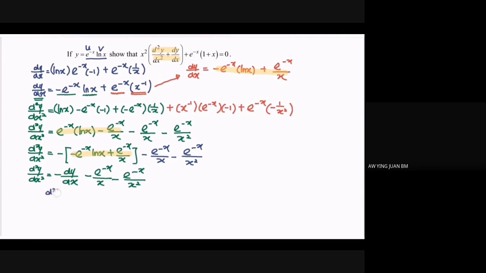So the second derivative plus the first derivative equals negative e to the power negative x over x minus e to the power negative x over x squared. Then we are going to multiply both sides with x squared. So we will have x squared bracket second derivative plus the first derivative equals negative x e to the power negative x minus e to the power negative x.